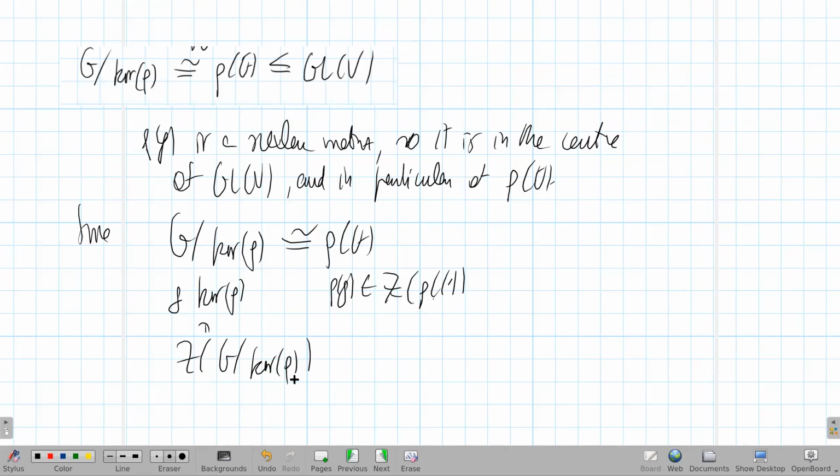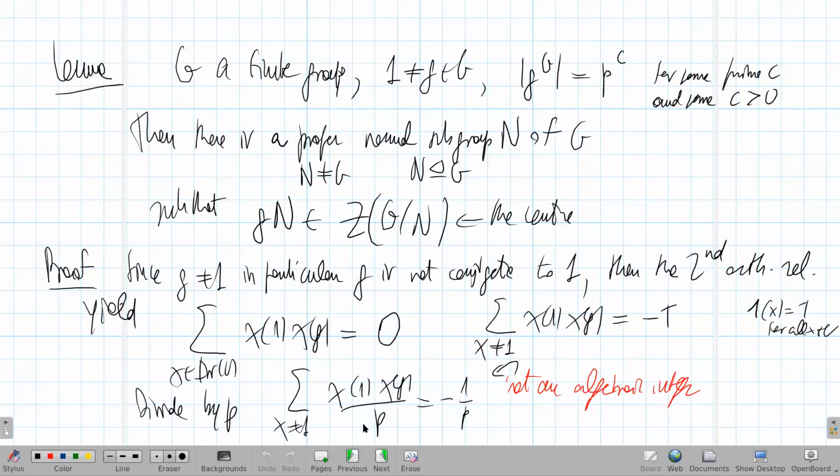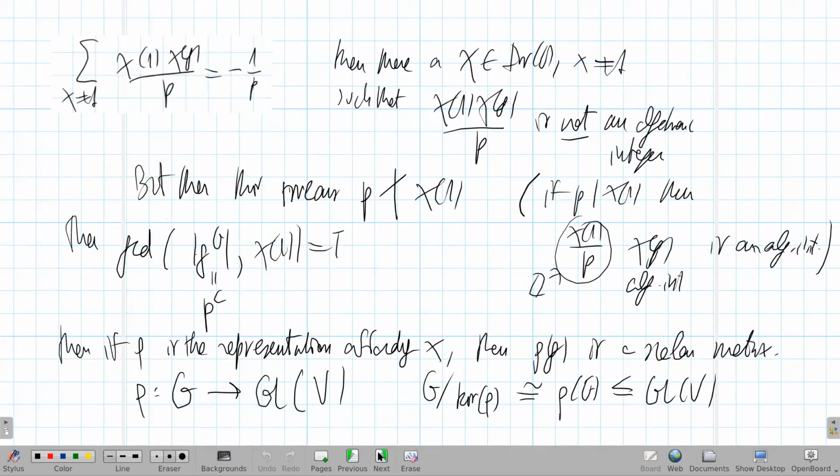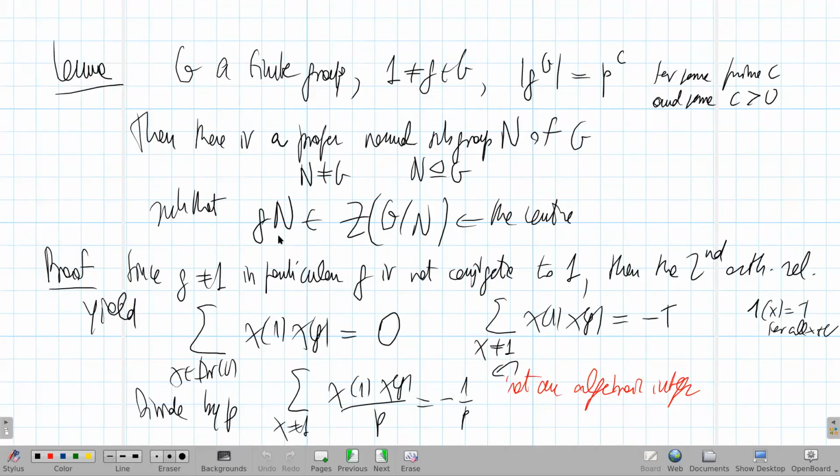Okay, because in an isomorphism, the center goes to the center, and this is exactly what I wanted to prove. Because what I wanted to prove is that there is a proper normal subgroup, this is the kernel, and that this is in the center of the quotient.